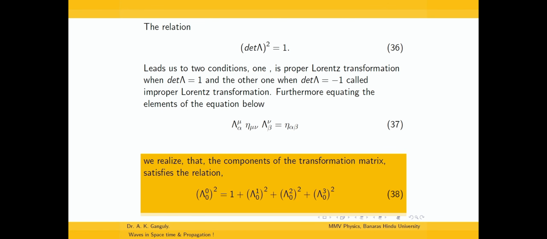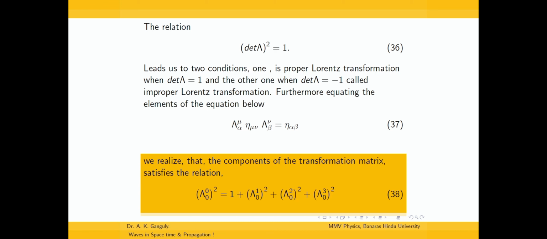You know that if we have perfect squares, and if they are real numbers, then the minimum value they can take is 0 and their maximum value can be anything. So, if you look at this equation, the conclusion we can come to is that the minimum value of lambda 0 0 squared should be either 1 or greater than 1.